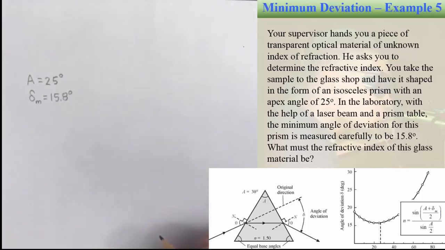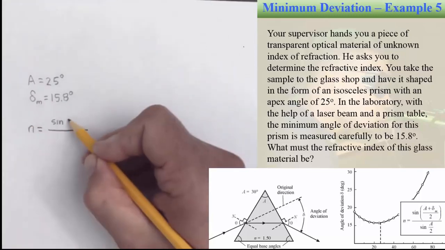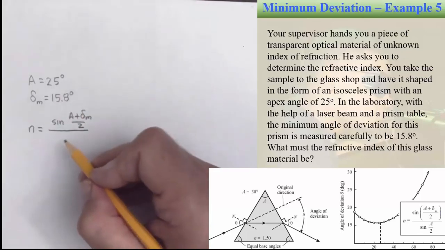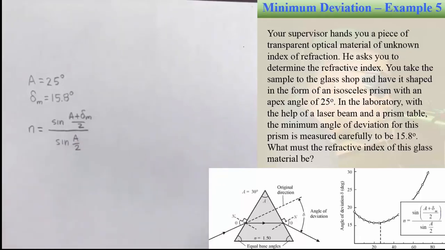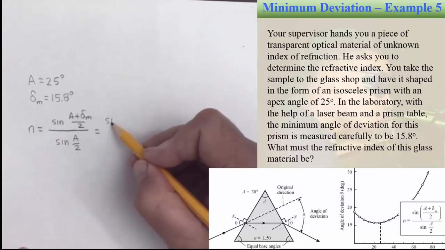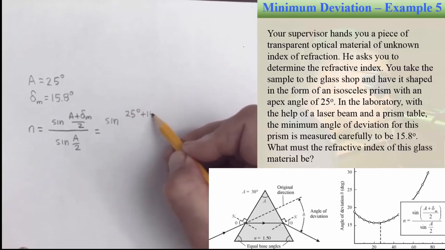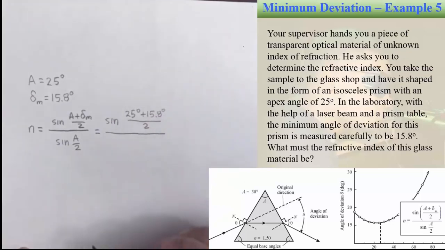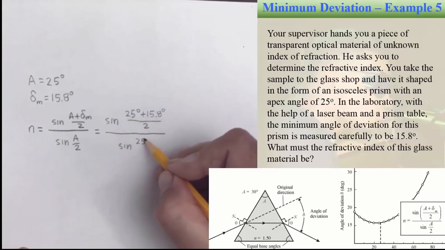According to the formula given on the previous slide, the index of refraction is equal to the sine of (A plus delta m) over 2, divided by the sine of the apex angle divided by 2. So we substitute the two angles: sine of (25 degrees plus 15.8 degrees) over 2, all divided by sine of 25 degrees over 2.